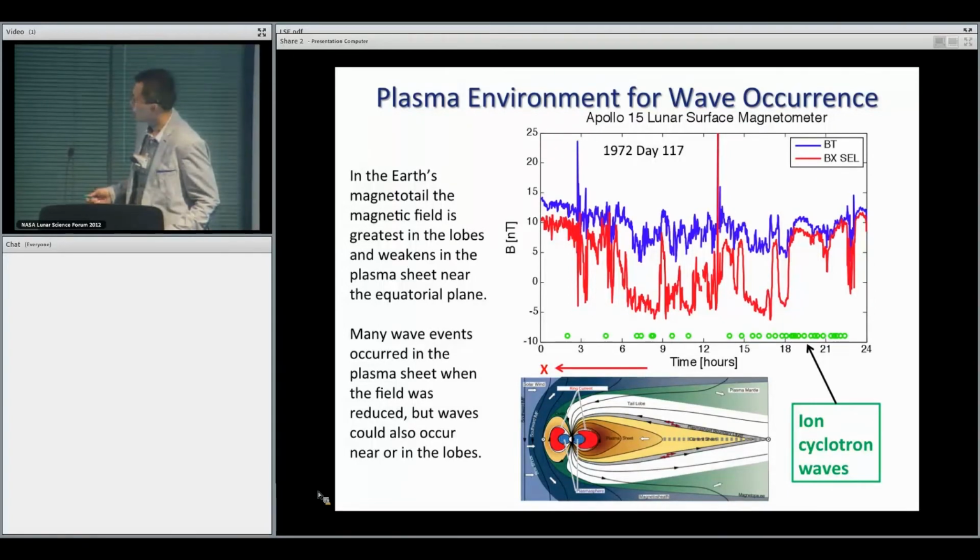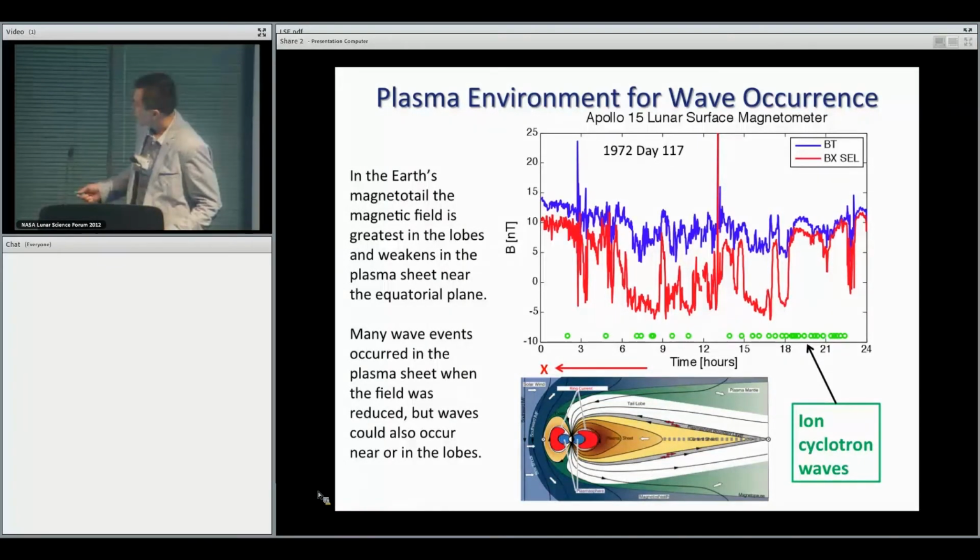The reason is that this is the geometry of a magnetotail. Near the equator, there's a plasma sheet, and you see the field line is coming in toward the Earth, and in the southern hemisphere it is going away from the Earth. So they're in anti-parallel directions.